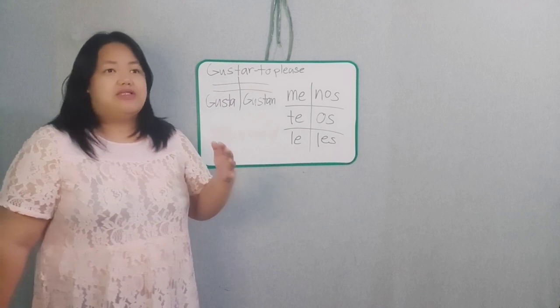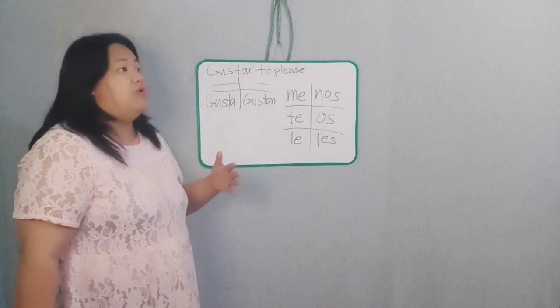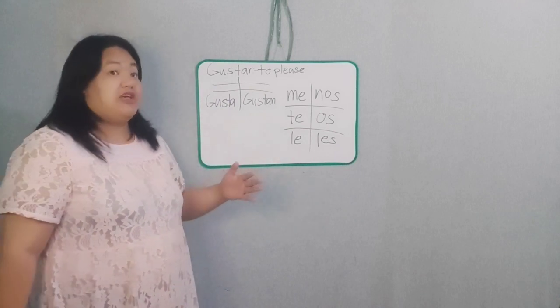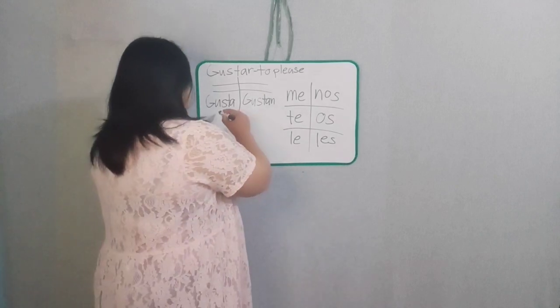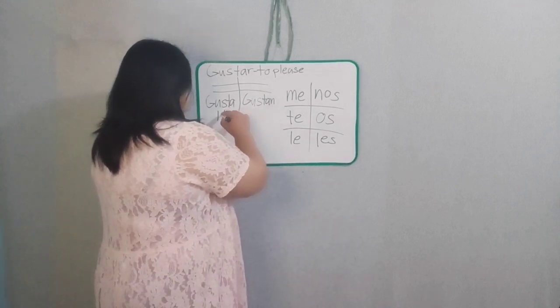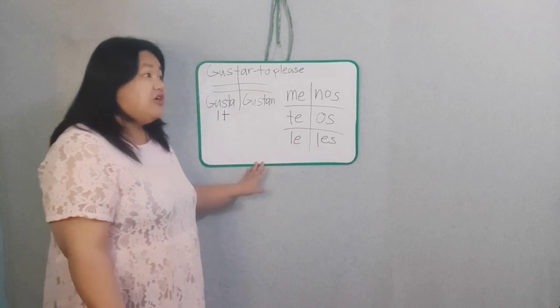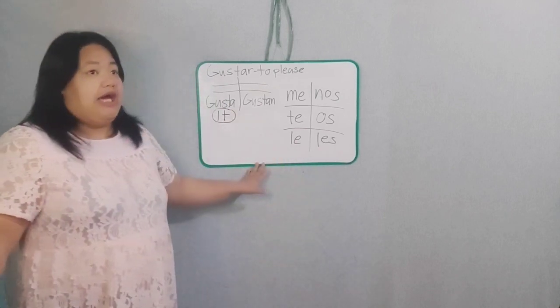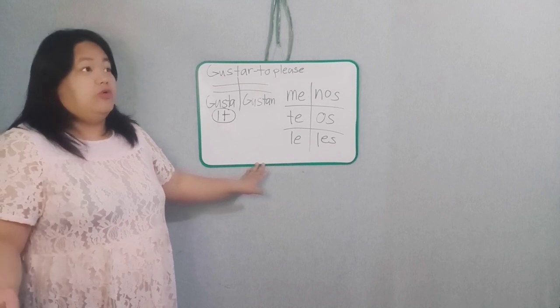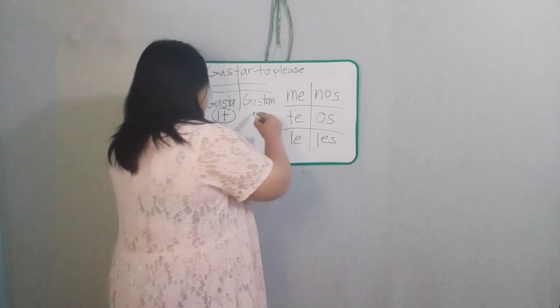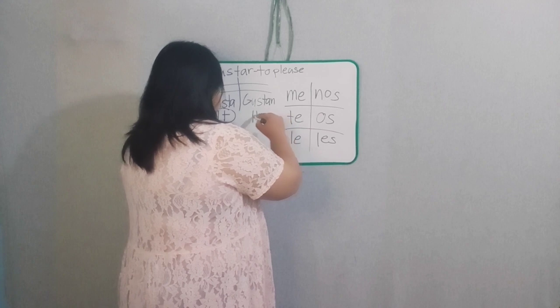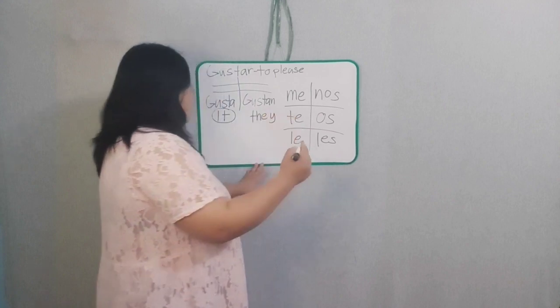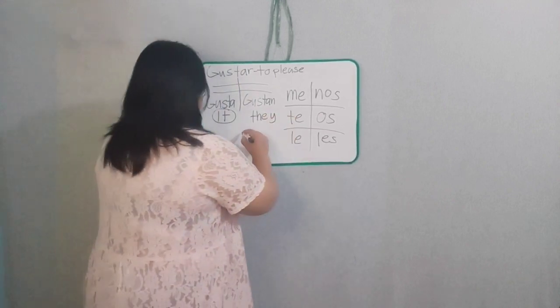So it's an it. It may be an object that can do the action. So it's like your noun. So this is also it. If it's singular, you're going to use the word it. And then for plural, which is they. So this is also they. So let's write the word gusta.